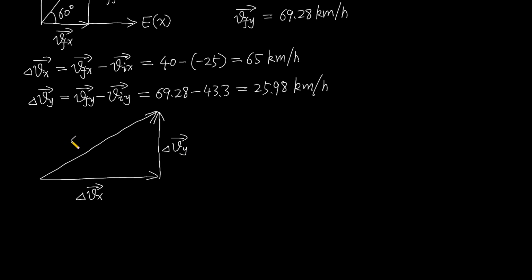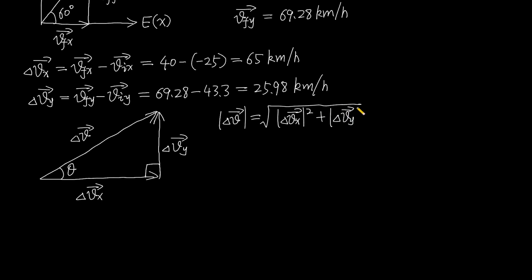Now this is the velocity change, and this angle is theta. This angle is a right angle. So from the graph, we can know that the magnitude of the velocity change just equals square root the magnitude of velocity change x squared plus the magnitude of velocity change y squared.